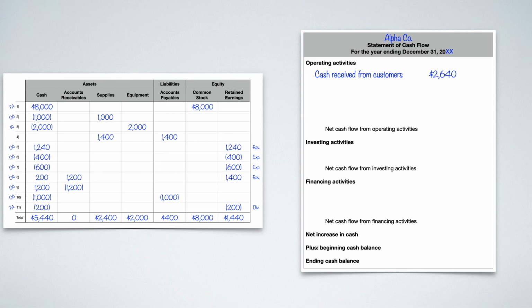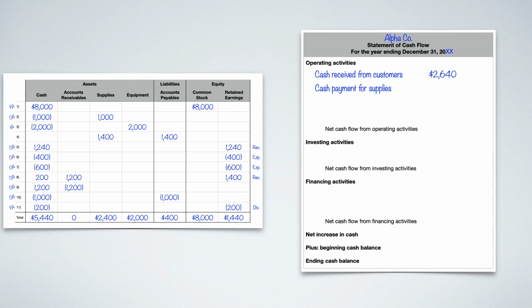Now I don't have any more positive numbers coming in from OA, so now I look at the negative numbers, the cash payments going out. So the first one I have is cash payments for supplies. And I had two cash payments for supplies. I had it in transaction 2, I paid $1,000. And in transaction 4, I bought $1,400, but I didn't pay for that in cash.